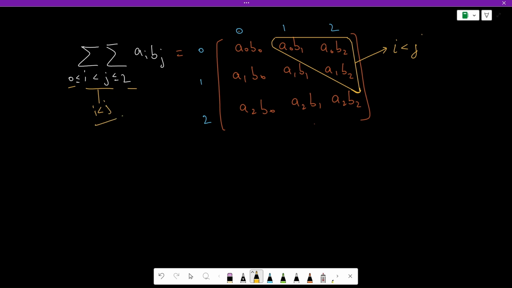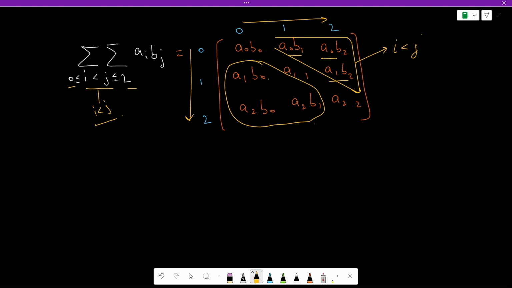Now if we create the matrix where we have i and j, this matrix contains all the combinations of i and j in this range, but only these three terms are the ones that we need for the summation, as only these terms have i less than j. As in this diagonal, i and j are equal. In this lower triangle, i is greater than j. So this is the only region where we get the required terms.